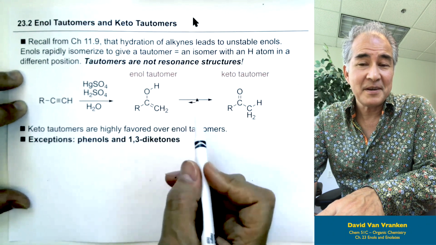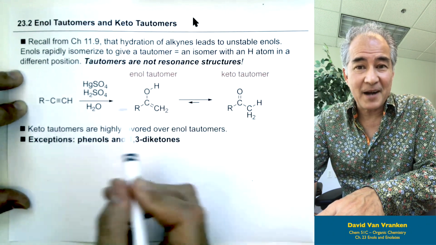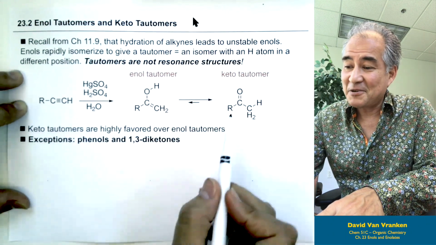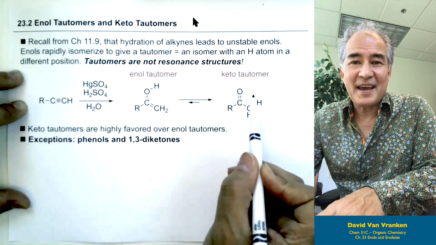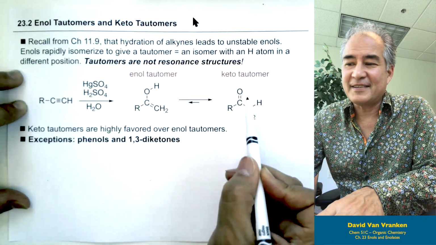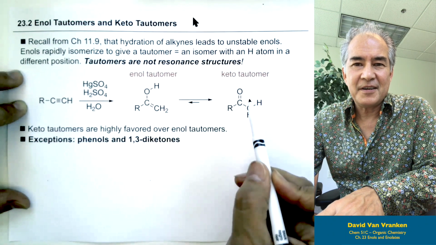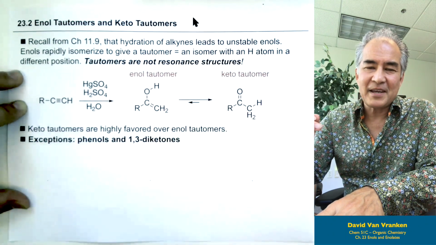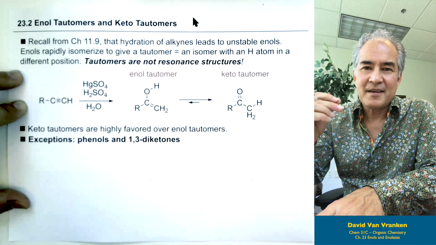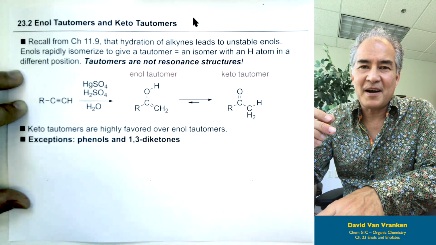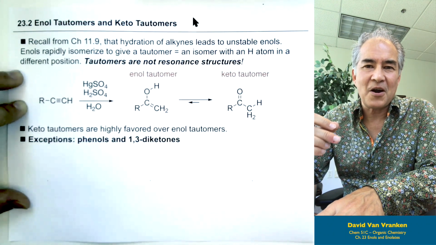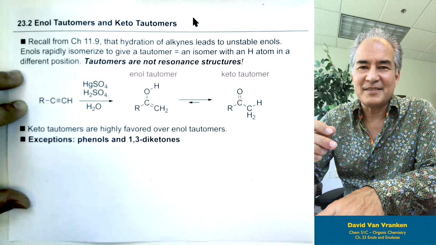This is an equilibrium characterizable by an equilibrium constant. And I'll just tell you right now, in virtually all cases, the keto tautomer is favored. So much of organic chemistry is driven by the fact that carbon-oxygen double bonds are more stable than carbon-carbon double bonds.